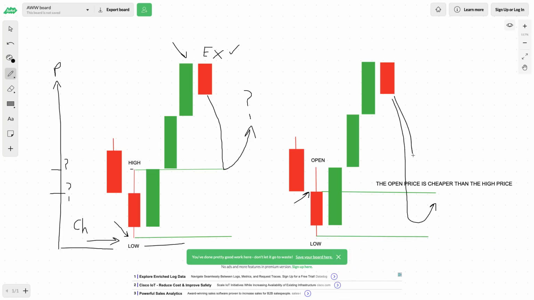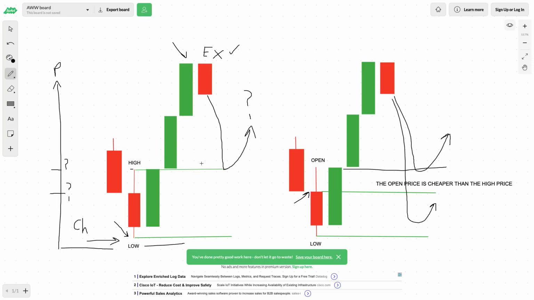Prices may come down here and go on their merry way. That's good for other traders. That's just not my trading opportunity. My trading opportunity starts from the open price to the high price, and as well I can get a better risk reward the lower price comes down to the open price.